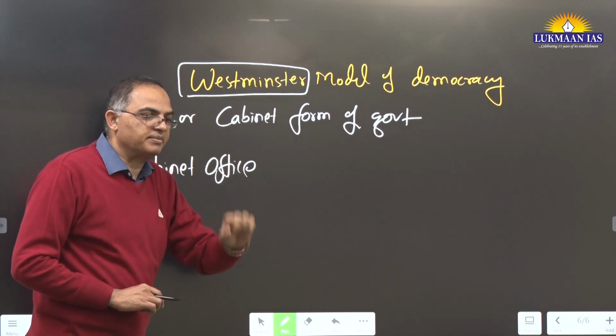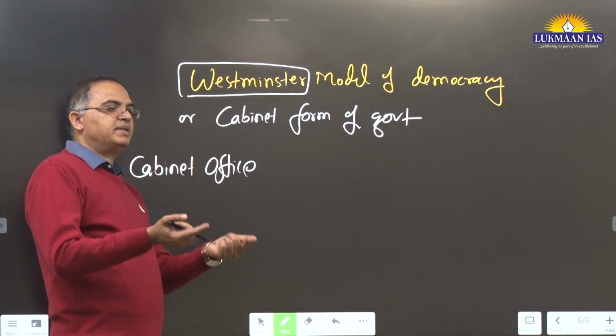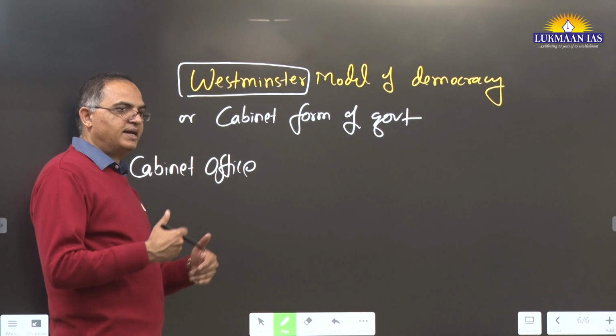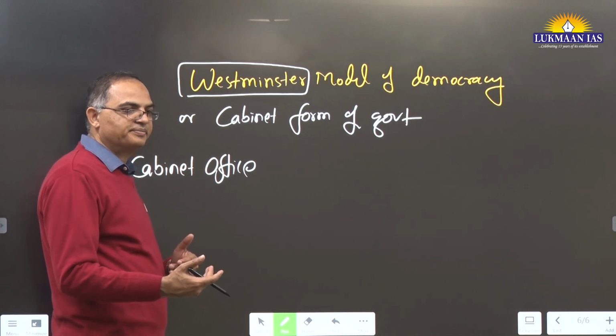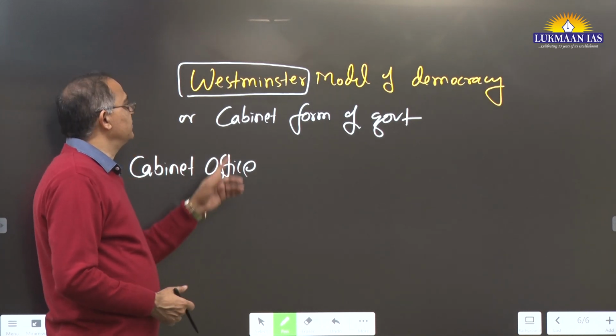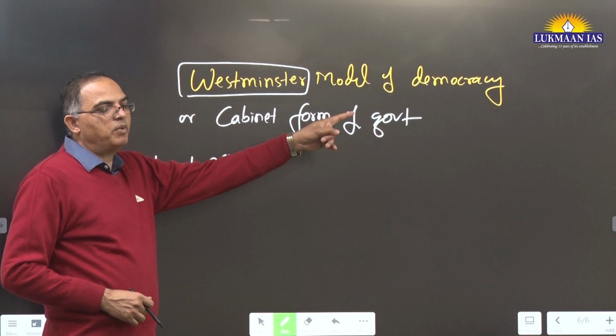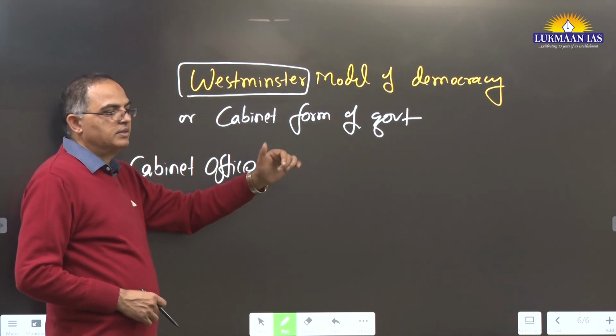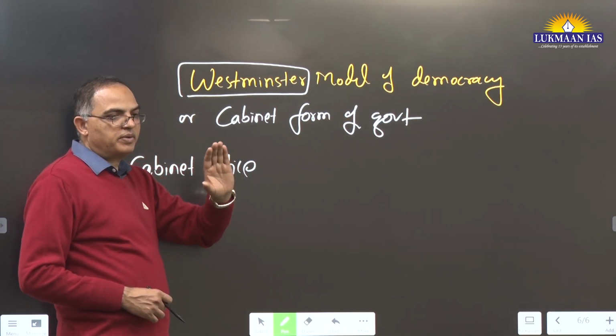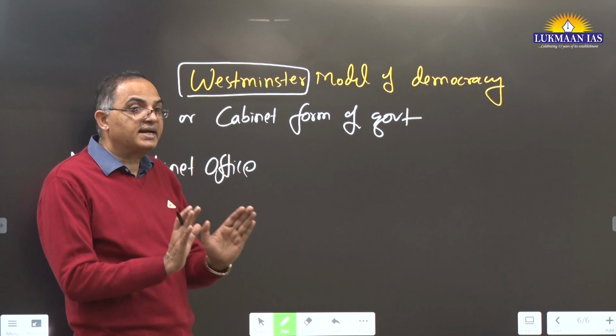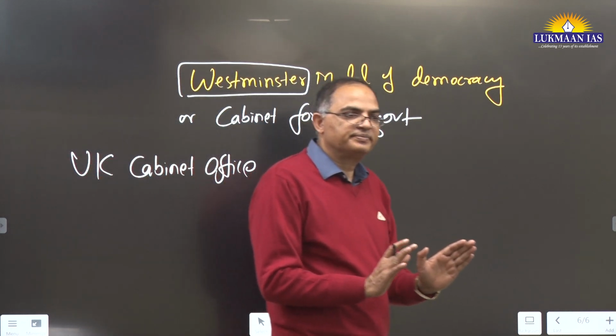It is the place name. On the basis of that place name, the democracy has been named. We say Westminster model. It is a popular term. Or we also say cabinet form of government because of the collective form of government.